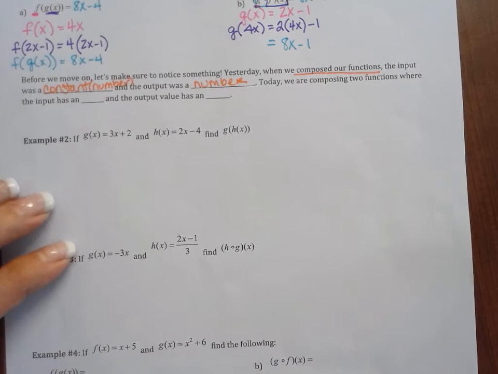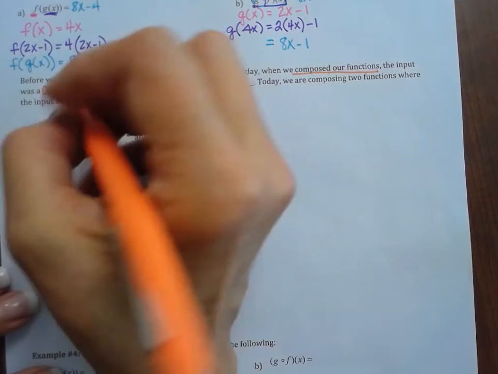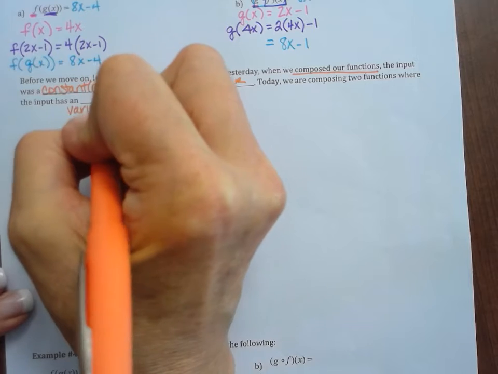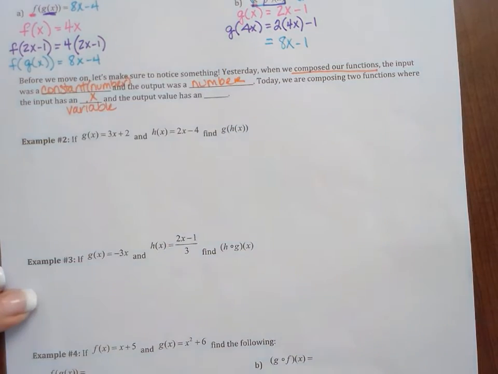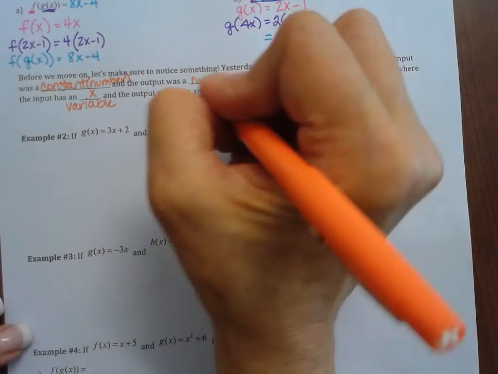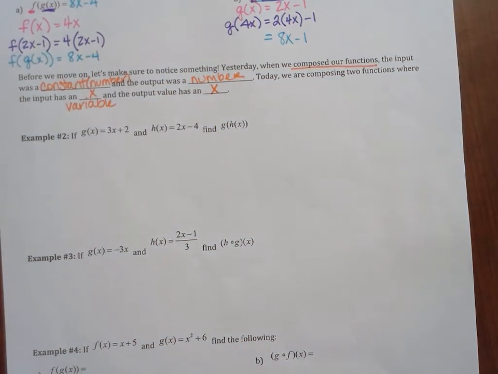Today, we're composing two functions. Our input has to have a variable, or in other words, an x, which means our output is also going to have an x. Good? Okay so far?